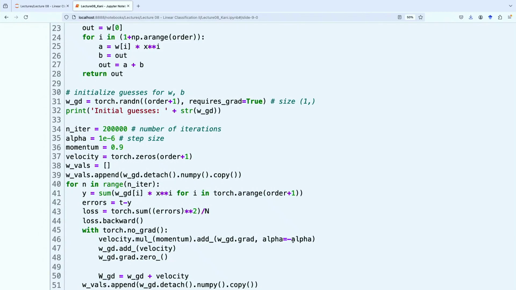Velocity, and why did I do that? Times momentum plus or minus alpha.